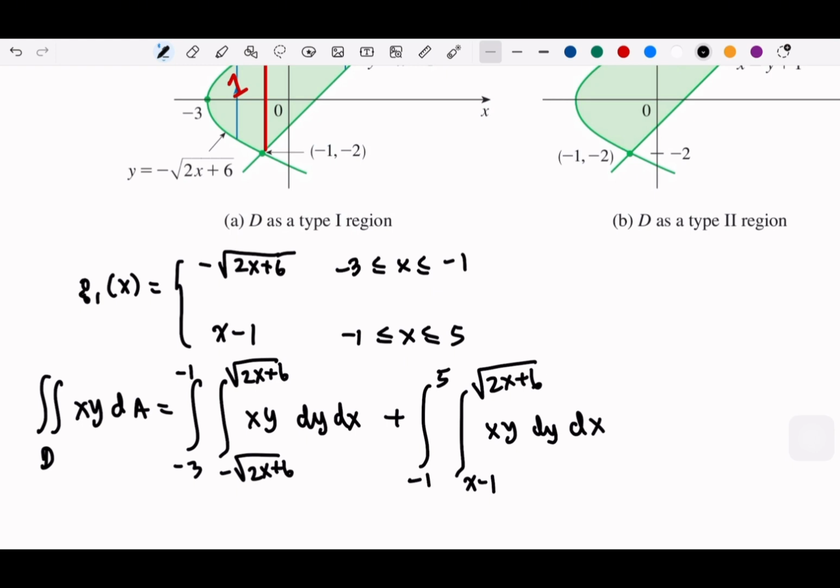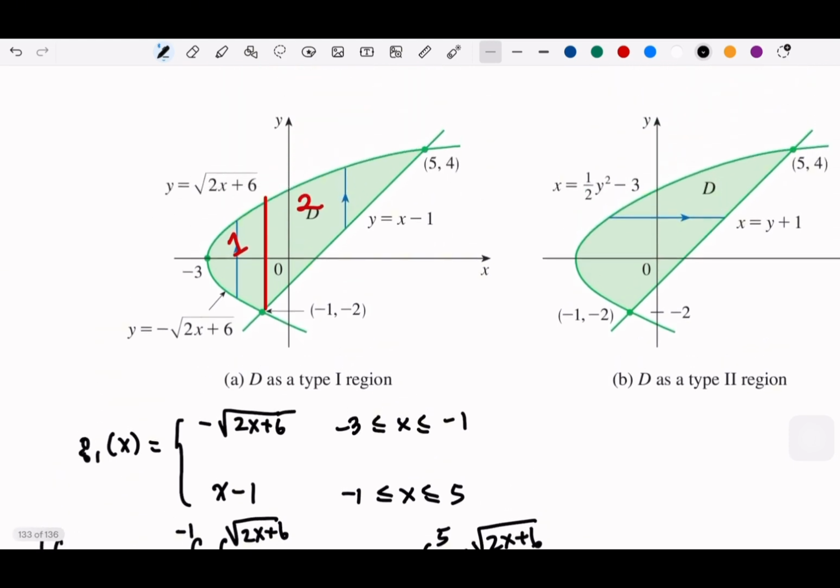My suggestion, every time you see this kind of situation, just like in your Calculus 1, where it is not easy to see the top and bottom, is to make it a function of y, because it is easy to see the left and right.